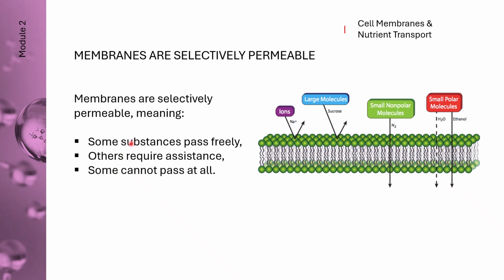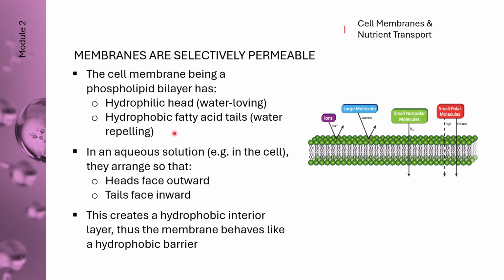So in a nutshell, as a result of the structure of the membrane, we can see how it selectively allows certain compounds to pass while preventing others from passing, while others will require assistance. And this is what we call the selective permeability of membranes.